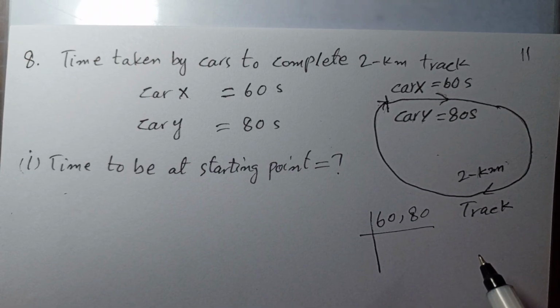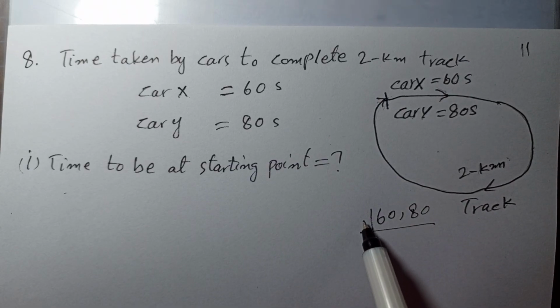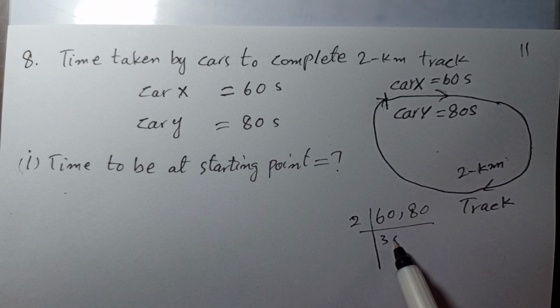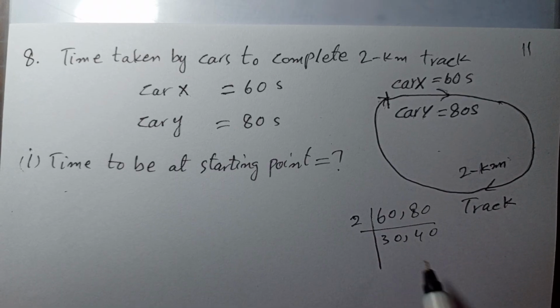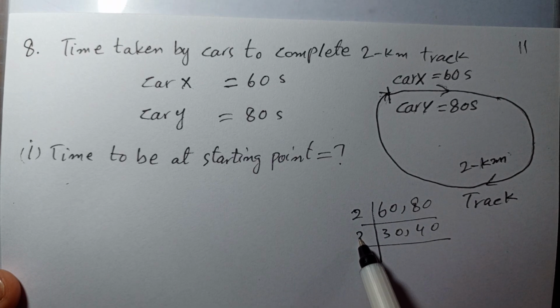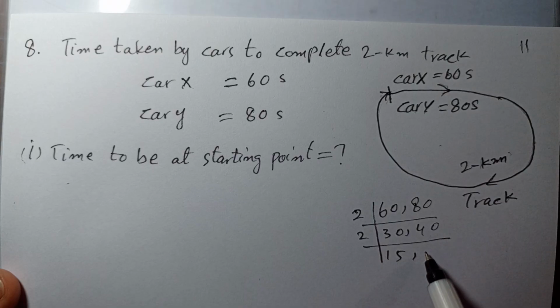You will take a prime number that can divide one of these, but 2 is a prime number that can divide both of these. 2 3s are 6, 0 here, 2 4s are 8, 0 here. Now again divide by 2. 2 1s are 2 and 2 5s are 10, 2 2s are 4, 0 here.